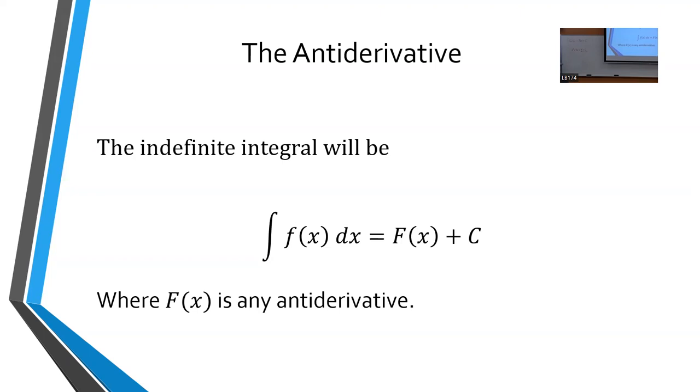And that would all just be a single constant number of c. So usually when we write the indefinite integral, you won't have a plus 4 plus c, you just have a plus c. Does that make sense?